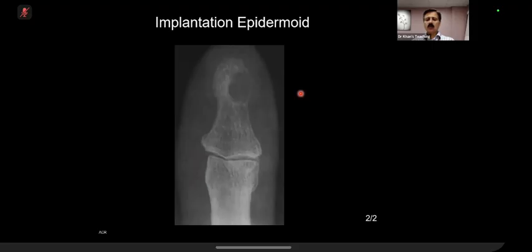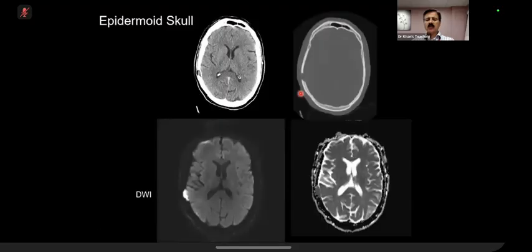Please remember that a cholesteatoma in the temporal bone is the same thing as an epidermoid. When it happens in the temporal bone, we call it a cholesteatoma. Pathologically speaking, it's the same. And the key point is that these lesions show restricted diffusion.